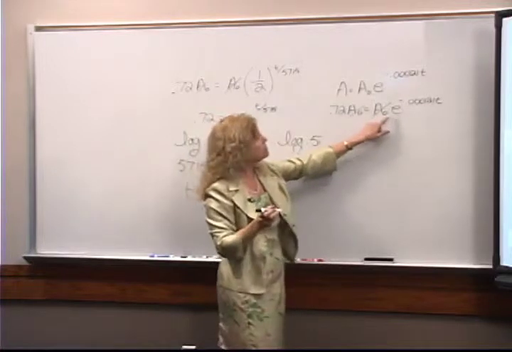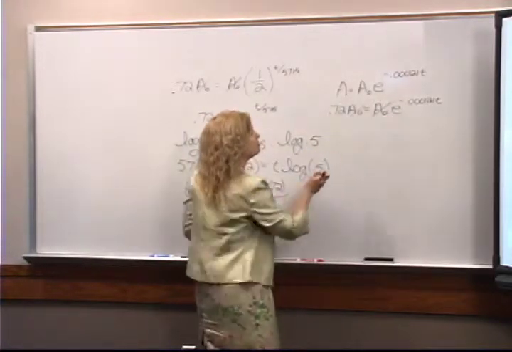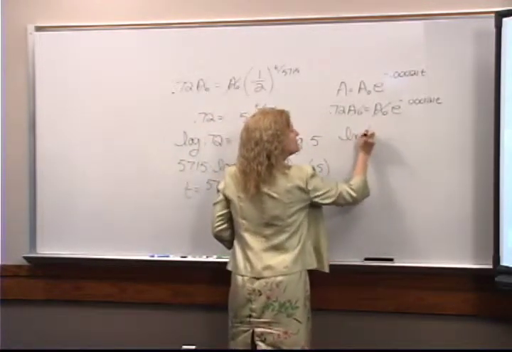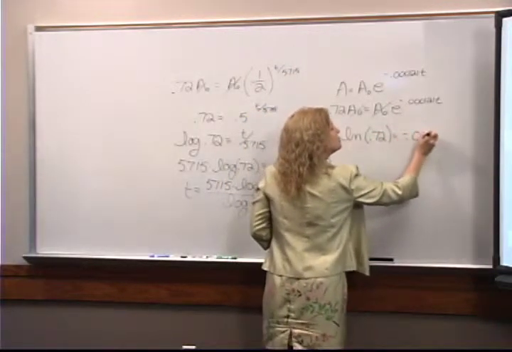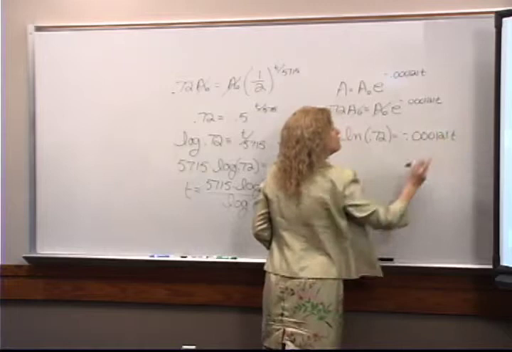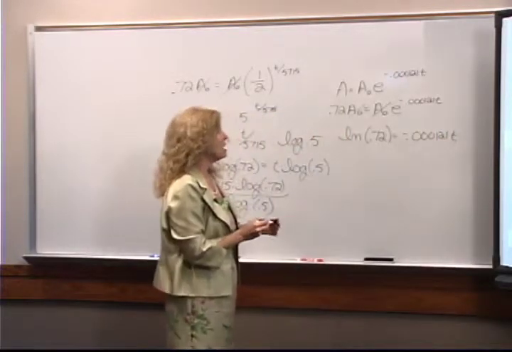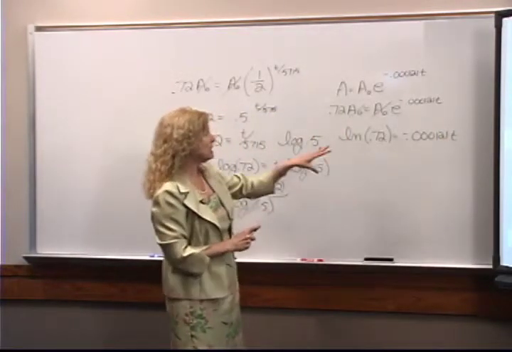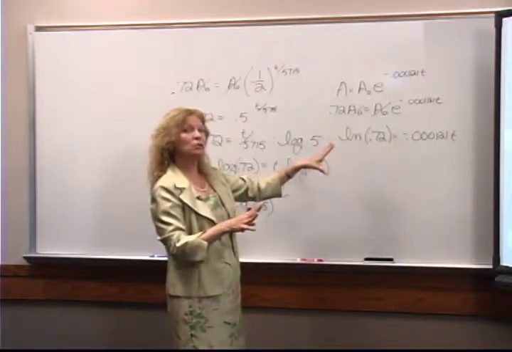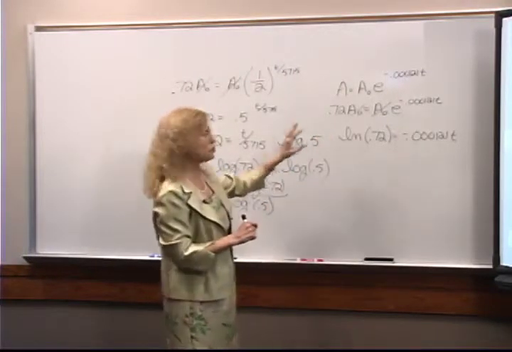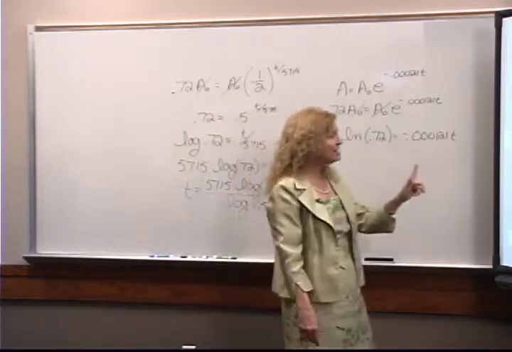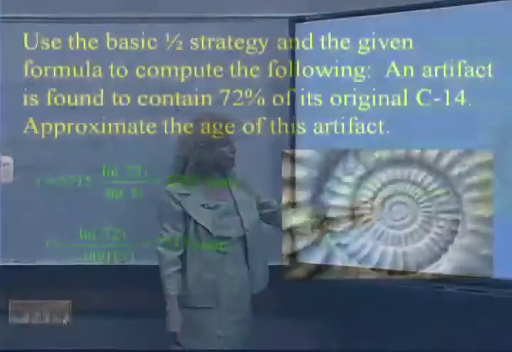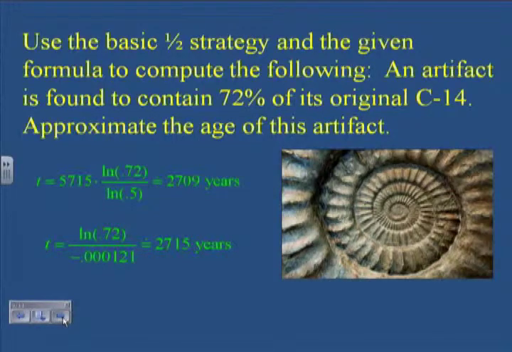This time I really want to use the natural logs because of the e. So natural log of 0.72 is equal to negative 0.000121 t, and then just divide. Now you can see that's actually an easier calculation. If you're comfortable and if you're going to remember that, go for it. And when you do that, you get 2715.